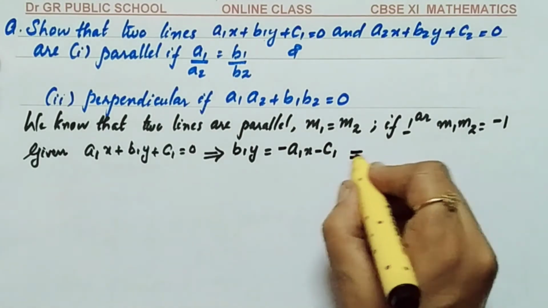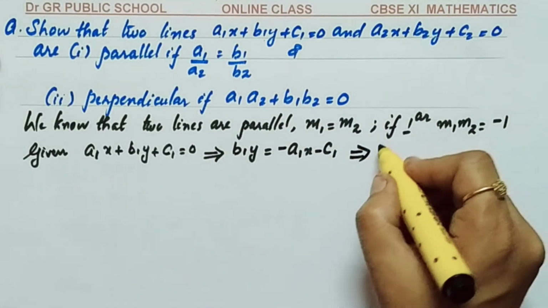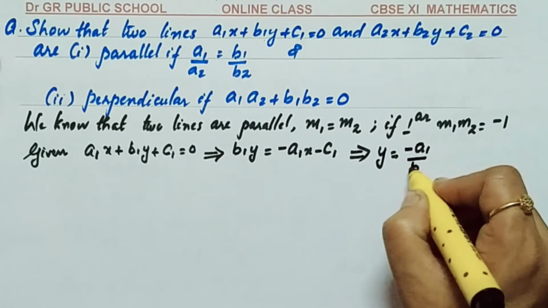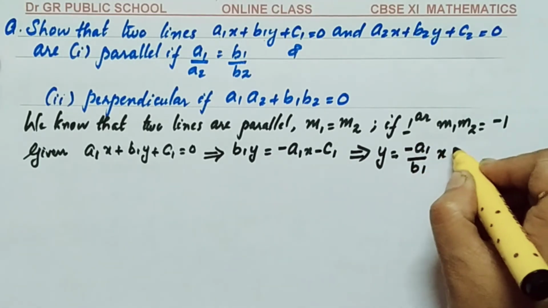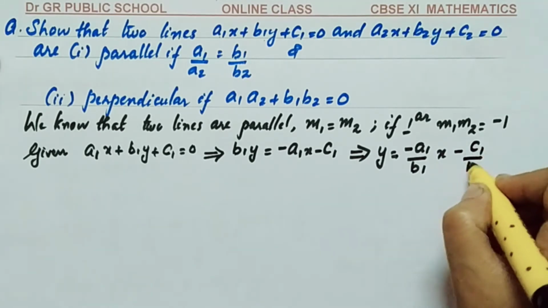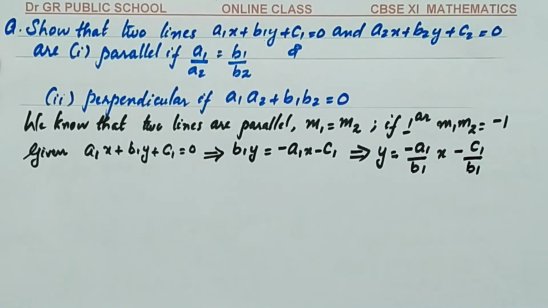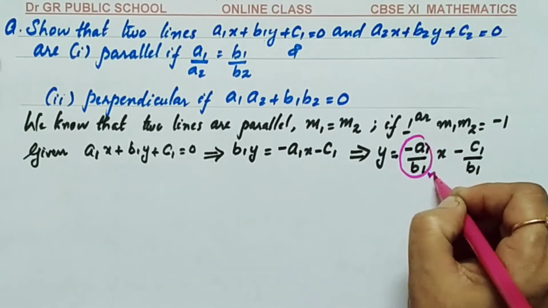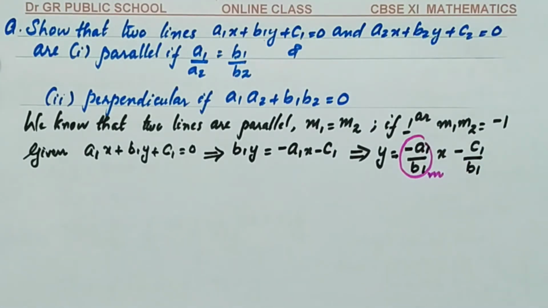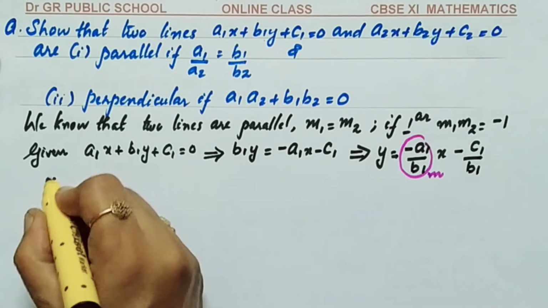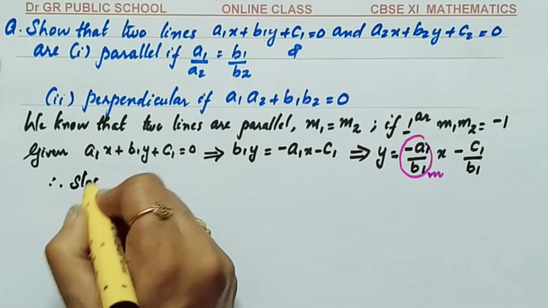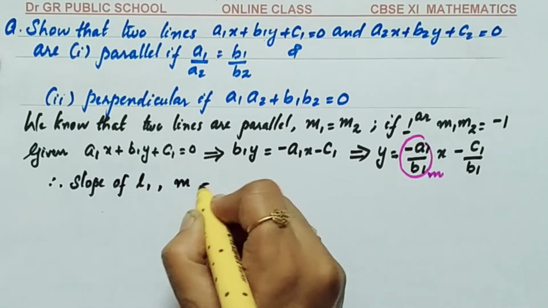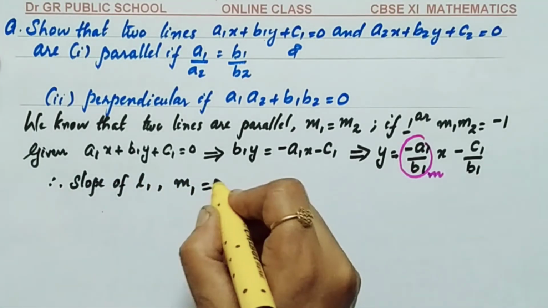Dividing throughout by b1, we get y equals minus a1 by b1 into x minus c1 by b1, which is of the form y equals mx plus c. Therefore, the slope of the first line, m1, equals minus a1 by b1.